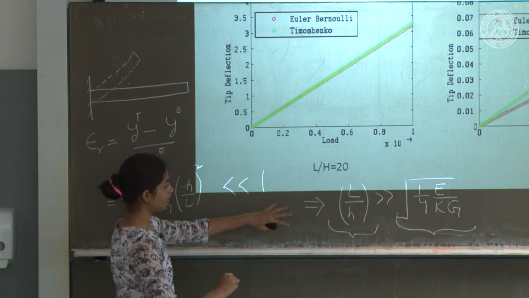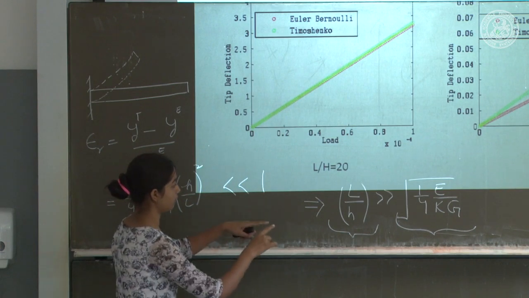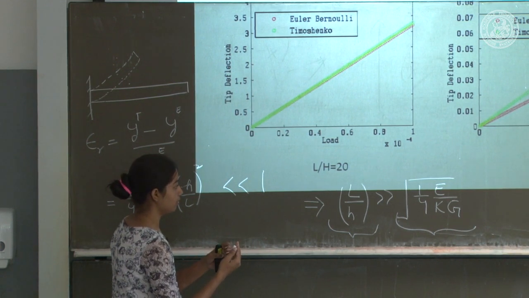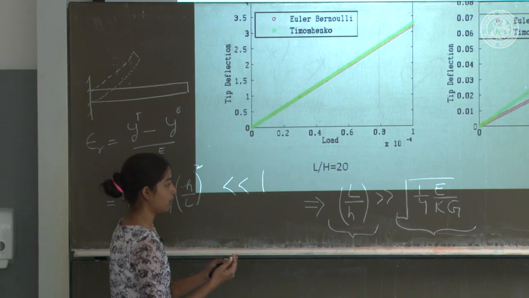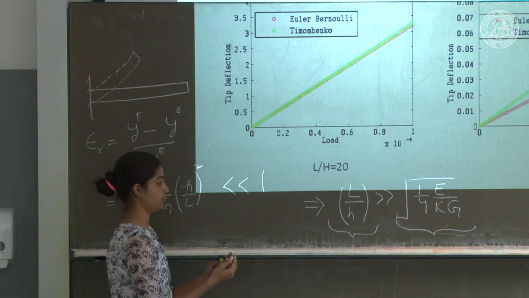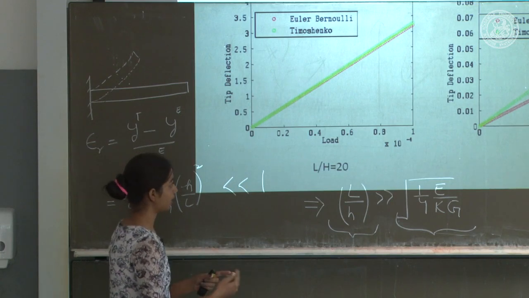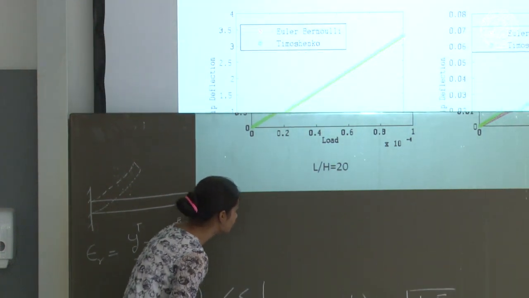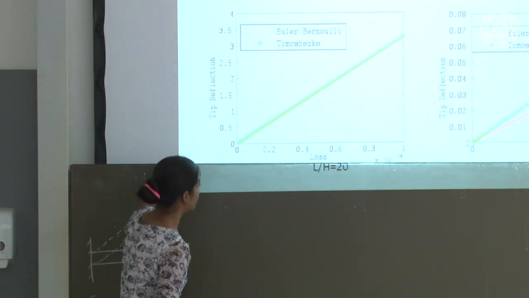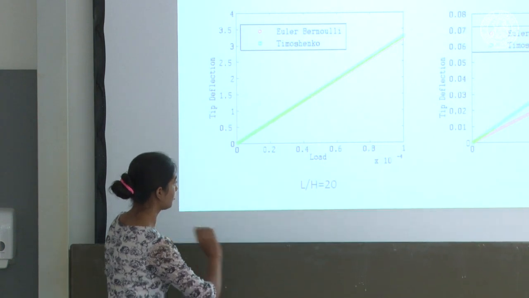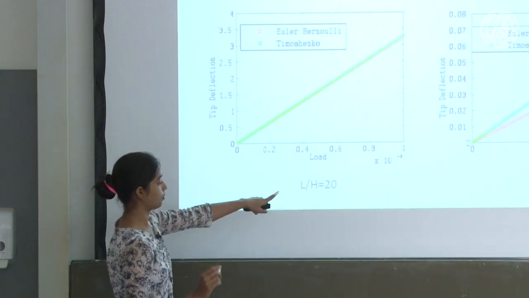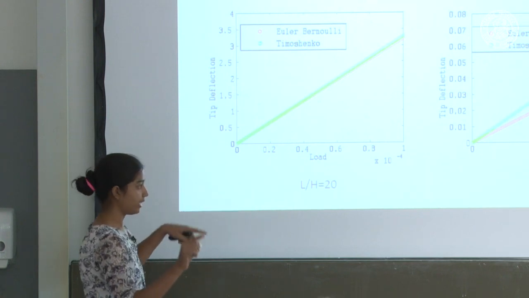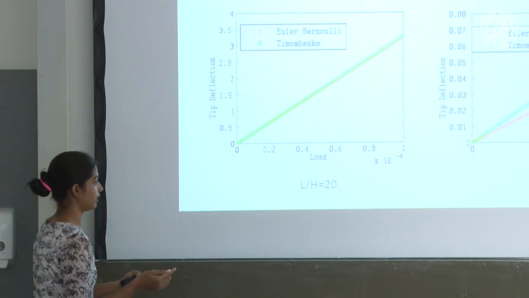Based on this little formula, we can find out how much the error is if we change the geometry of the rod. So it comes out that for slender and long beams, this is the plot for L by H equal to 20, meaning a very long rod or a perfectly slender rod.